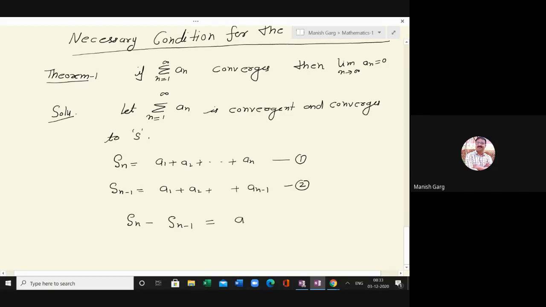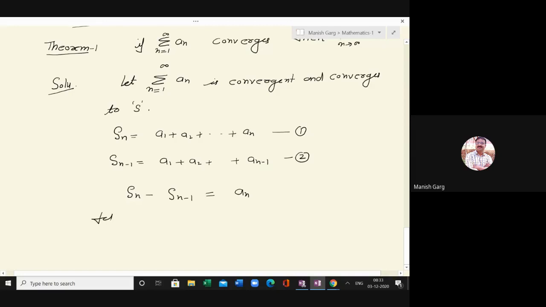Here this is an. One more point: so far we are dealing with series which have only positive terms, not alternating negative and positive. So here Sn minus Sn minus 1 is equal to an.